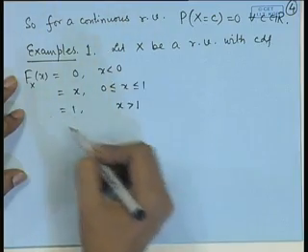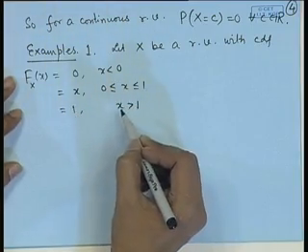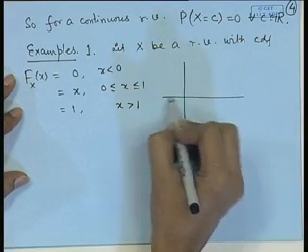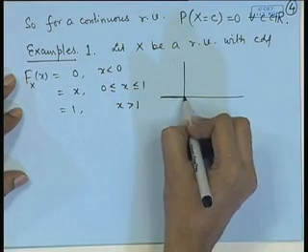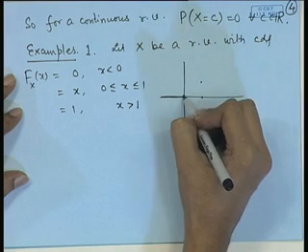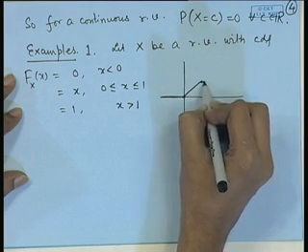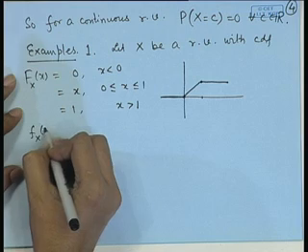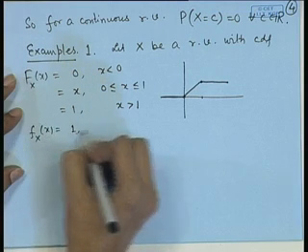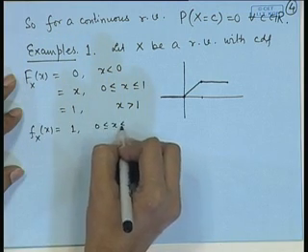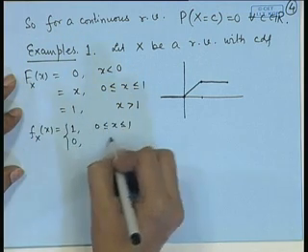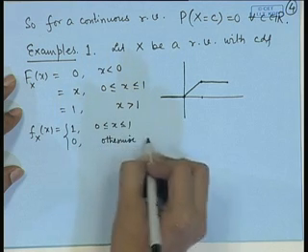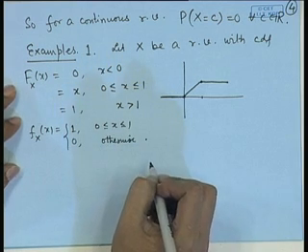Quite obviously, this is an absolutely continuous function, and in fact, you can plot it. For x less than 0 it is 0, for 0 to 1 it is x, and thereafter it is 1. So, the density function is given by 1 for 0 less than or equal to x less than or equal to 1, and it is 0 for x lying outside the interval 0 to 1.